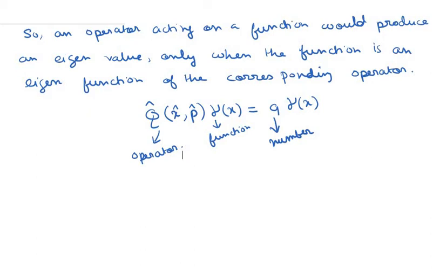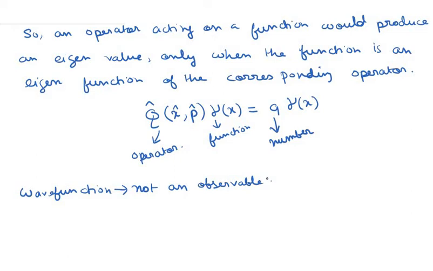So the wave function is not an observable. It is just a hypothetical theoretical construct that we have taken into account to explain what is happening in the system, but we cannot measure it.